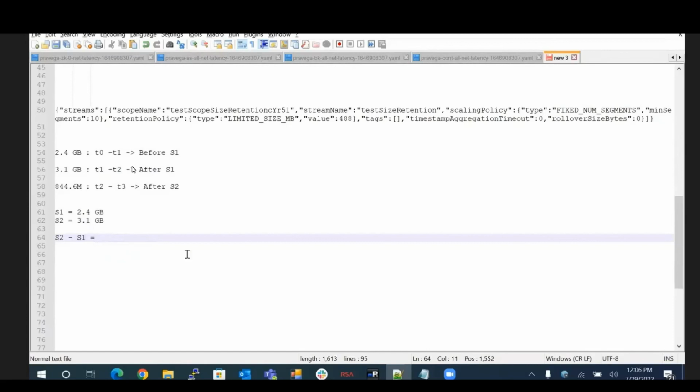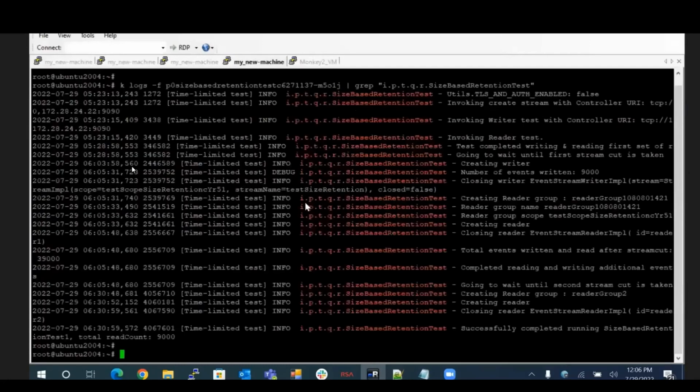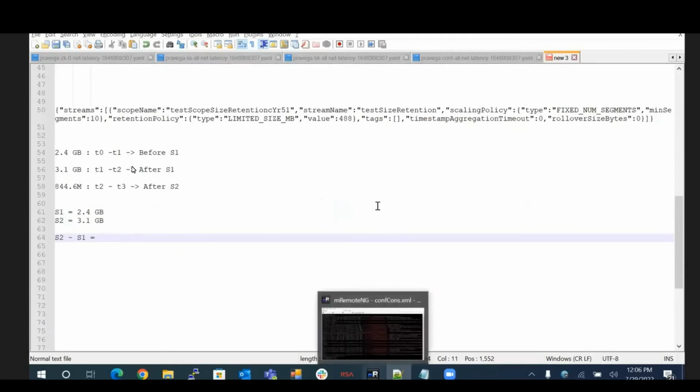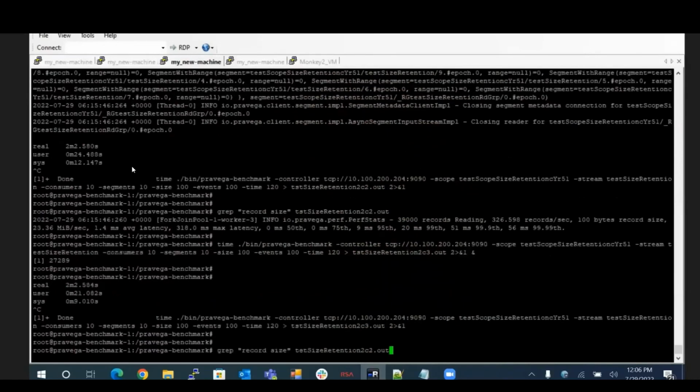So the new set of records, 9,000 records that we had written earlier, becomes the additional data, and now this data, which was over the size limit been set, triggered the truncation, and hence the initial data which we held during S1 was truncated, leaving us behind only the new set of data. So the reads have also been completed.